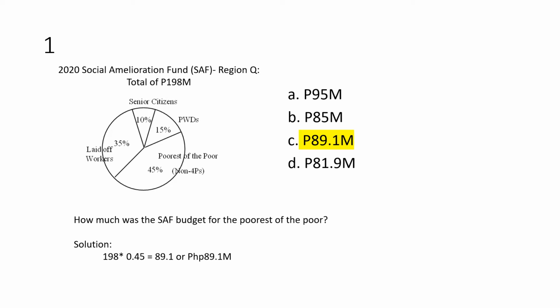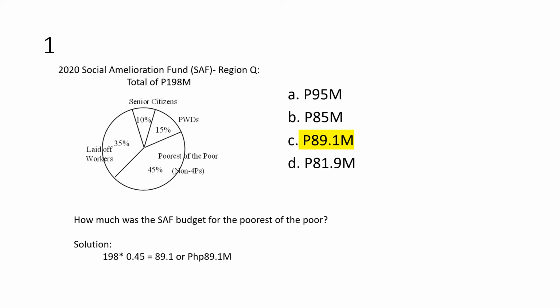So the percentage distribution would be 10%, 15%, 45%, and 35% respectively for these sectors. And the total social amelioration fund for 2020 would be 190 million. The question would be how much was the budget for the poorest of the poor.